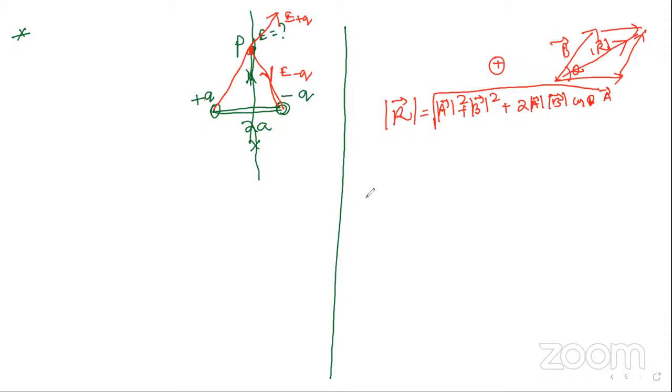If two vectors are there, any vector, maybe electric field, maybe force, maybe any type of vector, if they are acting on a point and they are making theta angle with each other, then what will be the resultant vector?